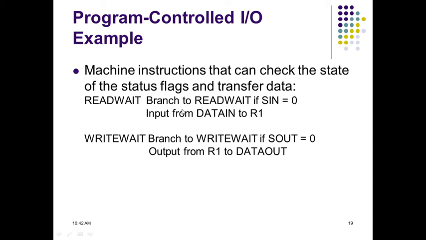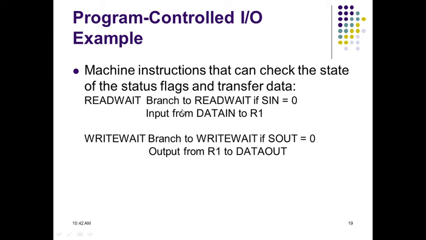Although the details vary from computer to computer, the main idea is that the processor monitors the status flag by executing a short wait loop, and proceeds to transfer the input data when SIN is set to 1 as a result of pressing the key. The input operation resets SIN to 0.